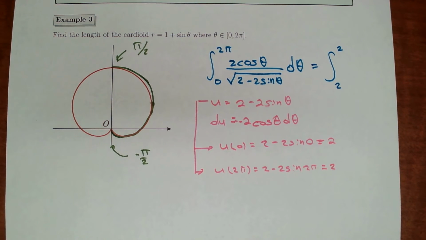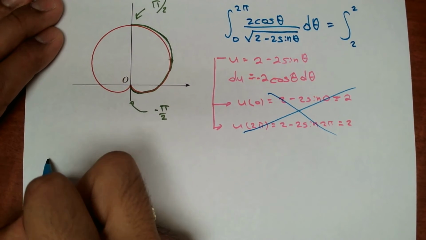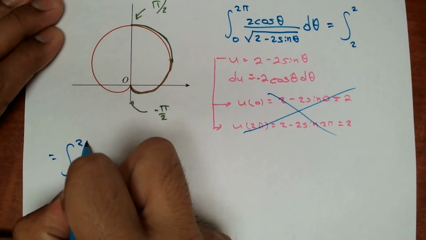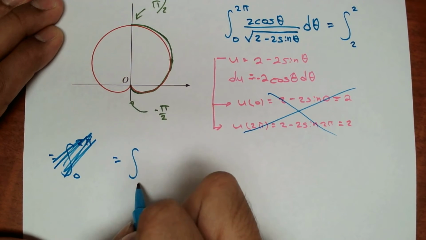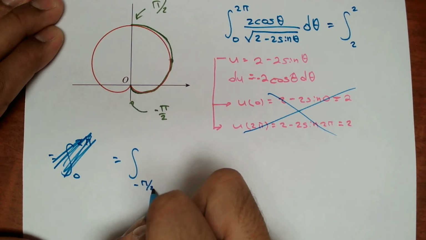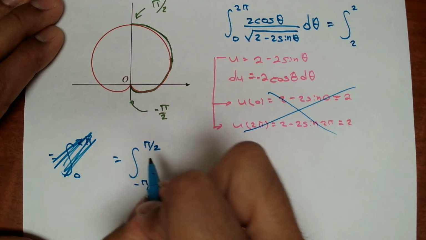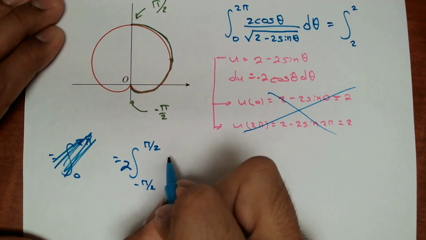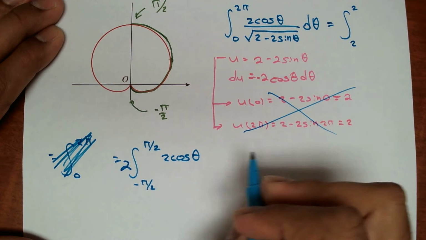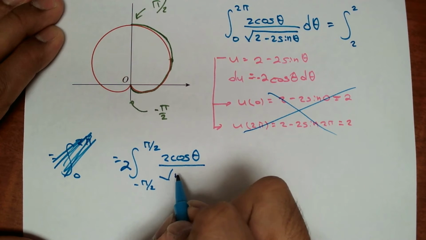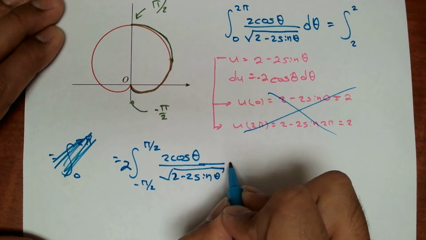So actually let's scratch this part. We're not going to need it. Oh, wait a minute. No, not 0 to 2 pi. It's the integral from negative pi over 2 to pi over 2. All right, so we're going to do that instead, times 2, and 2 cosine theta over the square root of 2 minus 2 sine theta, d theta.